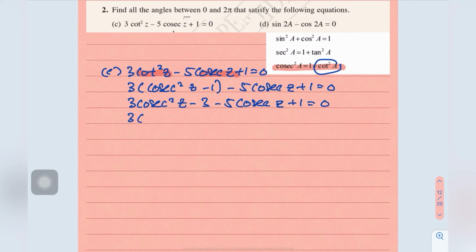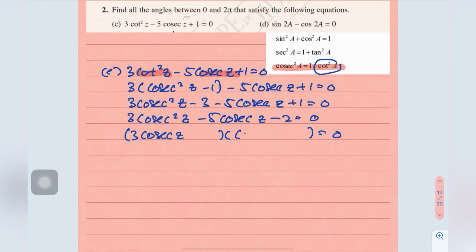So this one is 3 cosecant squared z minus 5 cosecant z, and negative 3 plus 1 is negative 2, equals 0. Then we factorize: 3 cosecant z plus 1 and cosecant z minus 2. So 3 cosecant z plus 1 equals 0, cosecant z equals negative 1 over 3.